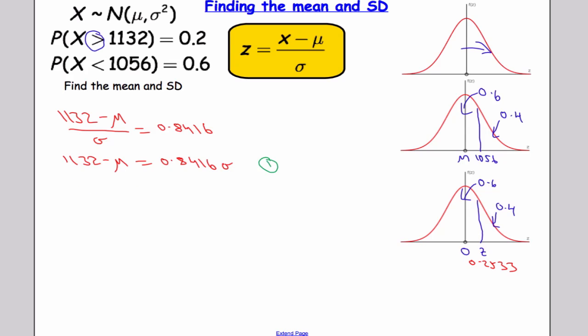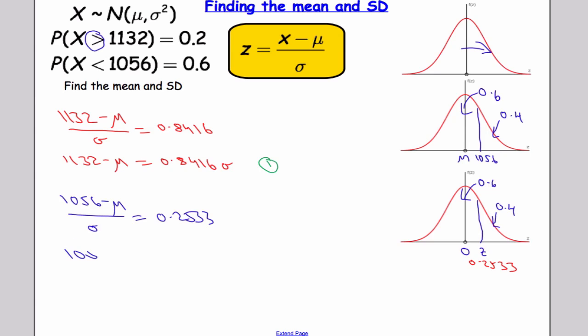Okay, so we're going to form a second equation. This is equation 1. Now we're going to form equation 2. So I know, using the formula again, that the particular value, 1056 minus the mean, mu, divided by the standard deviation, sigma, equals the z value in this case, 0.2533. Okay, we're going to cross multiply now by sigma.